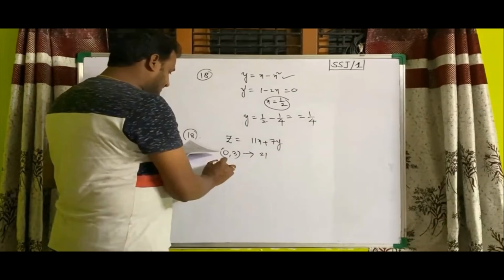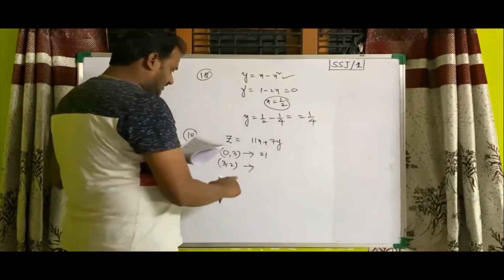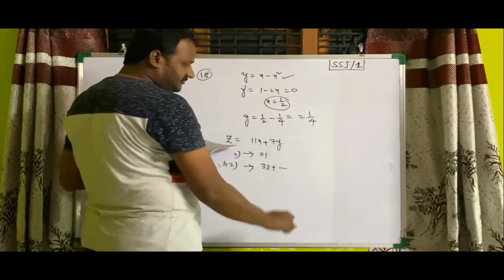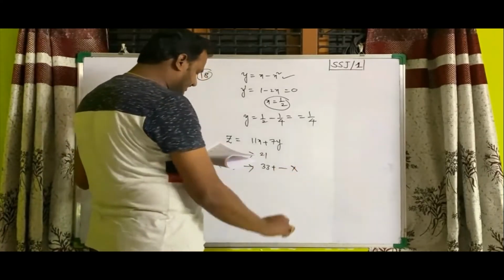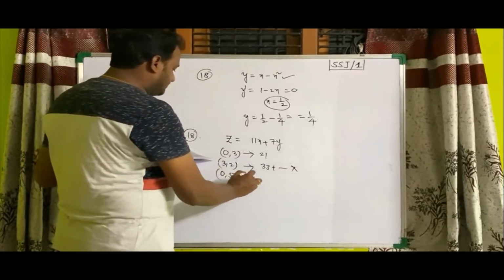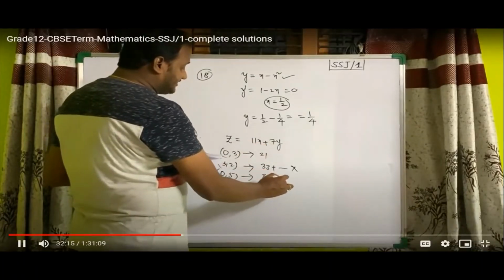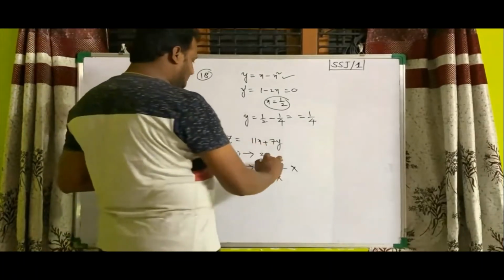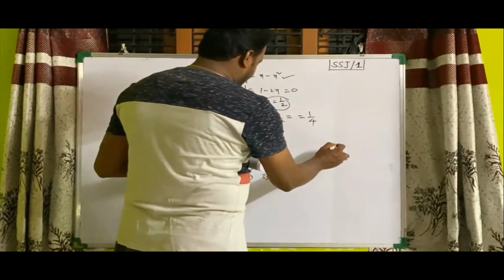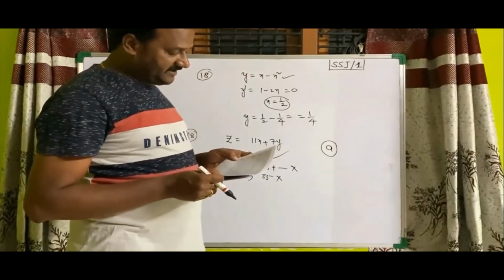And the second point is 3 comma 2. When you substitute 3, 11 threes are 33 plus something. It is already more than 21, right? So this cannot be considered. And 0 comma 5: when you put 0 in the place of x, this is 0, but 7 fives are 35. It is still larger. Therefore, 21 is the minimum value that occurs. Therefore, the option for that problem is A.